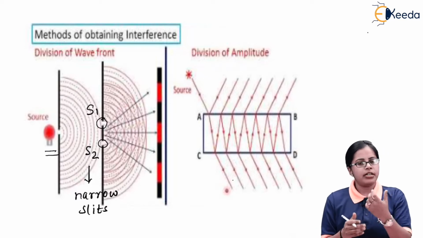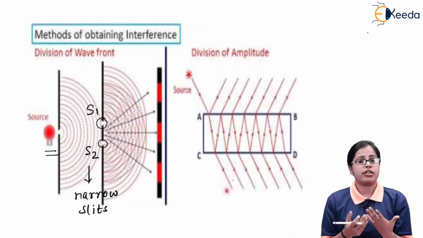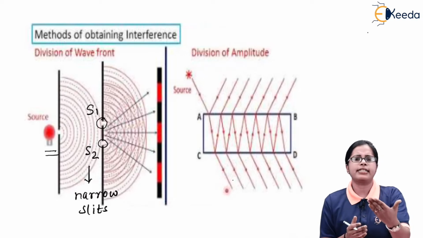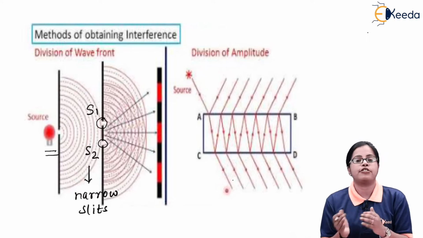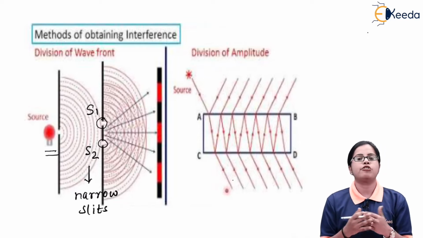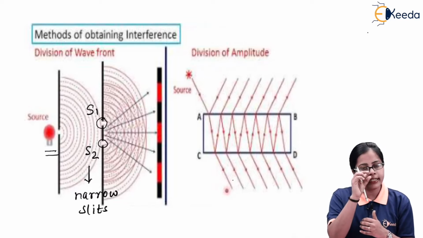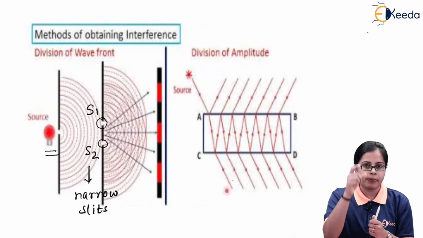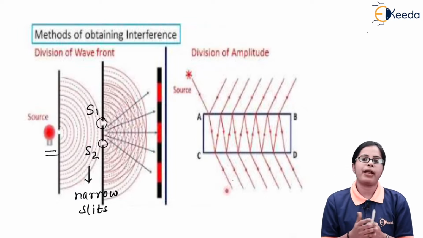If it is a constructive overlapping, that is, crest of one wave overlapping with the crest of another, trough of one wave overlapping with the trough of another, it will give rise to constructive interference, and the band represented on the screen will be a bright band.